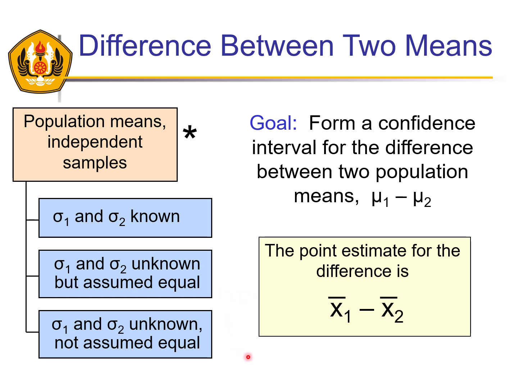The last is that both standard deviations are unknown and not assumed equal. We can also estimate the difference of the means, mu1 minus mu2, and the point estimate for this is x bar 1 minus x bar 2.